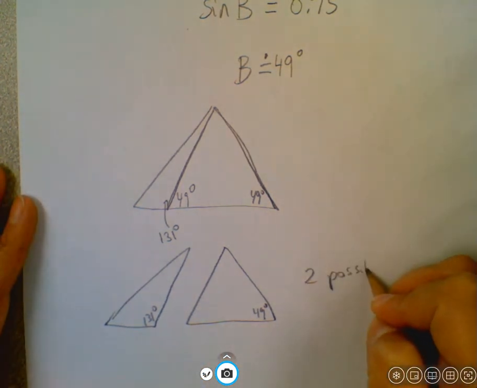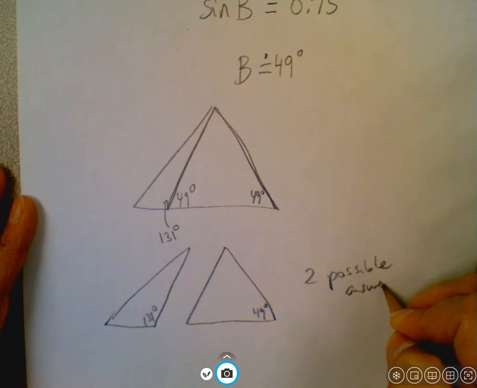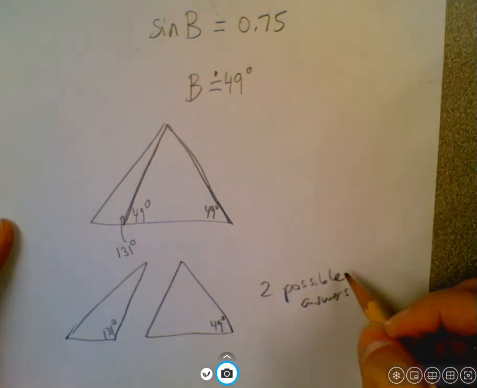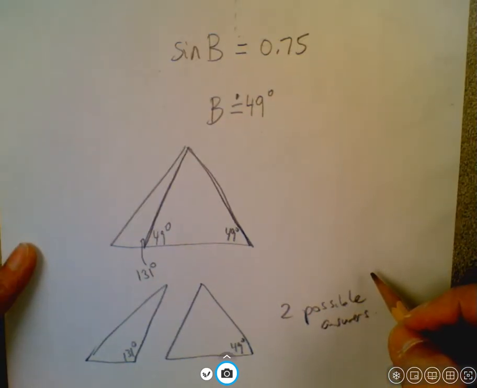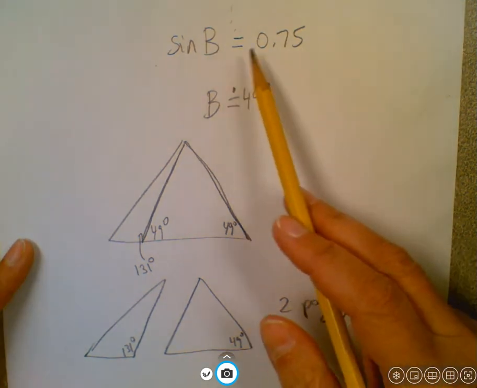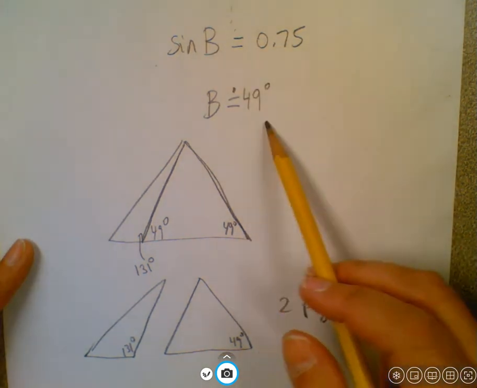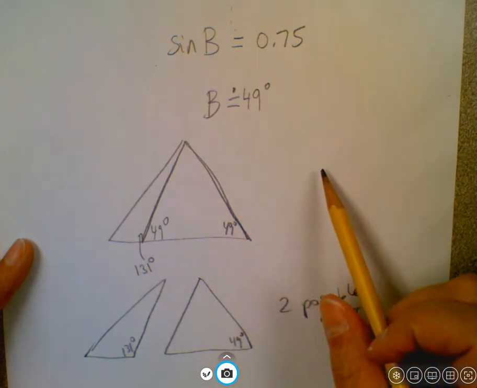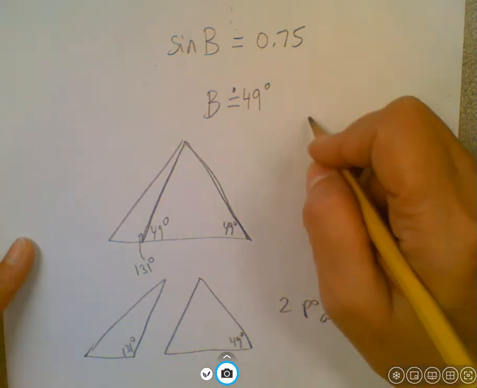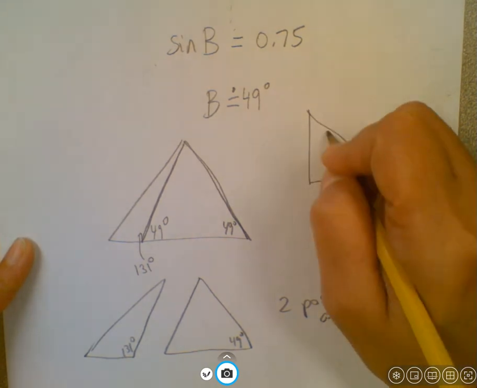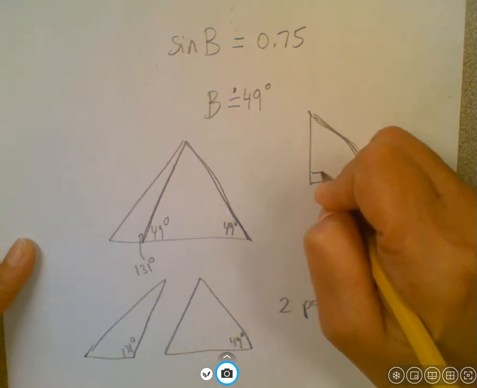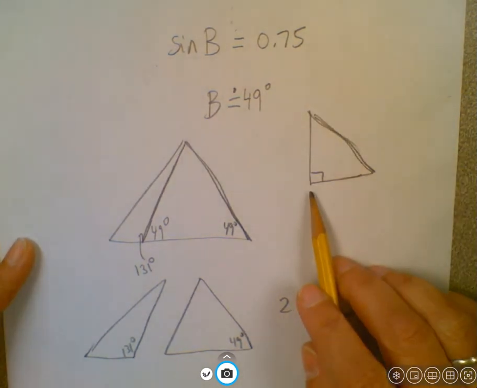Okay, two possible answers. And how come that only happens with the sine law and it didn't happen with SOHCAHTOA, right? Last year, when we got sine B is 0.75, we never had two possible answers, right? That's because with SOHCAHTOA, one of them's a right angle.